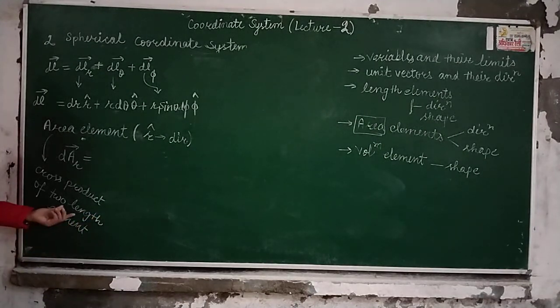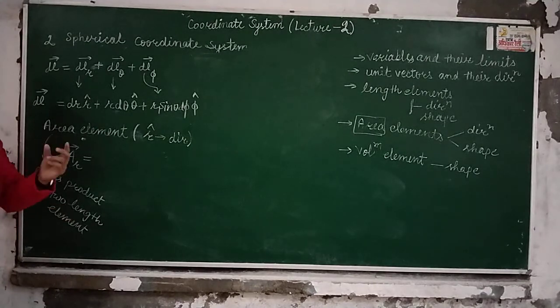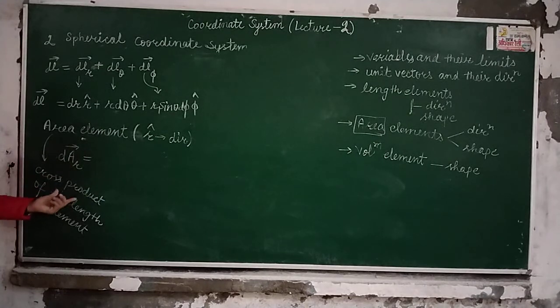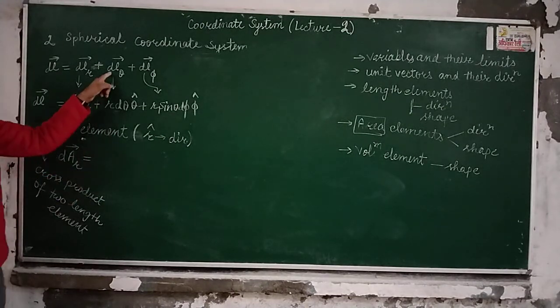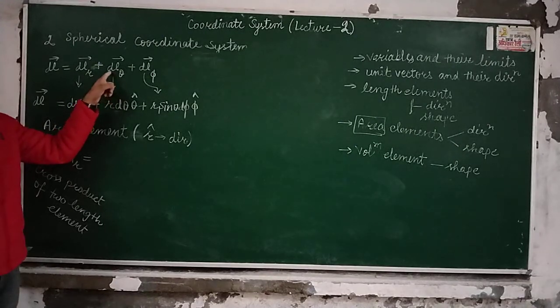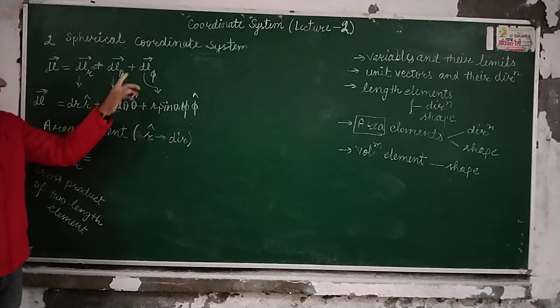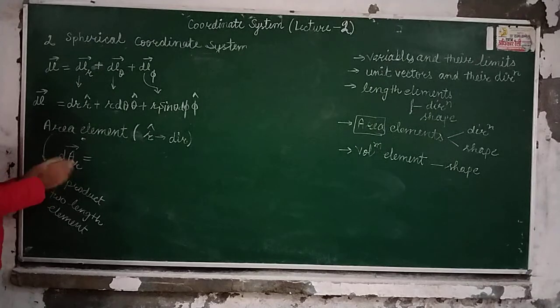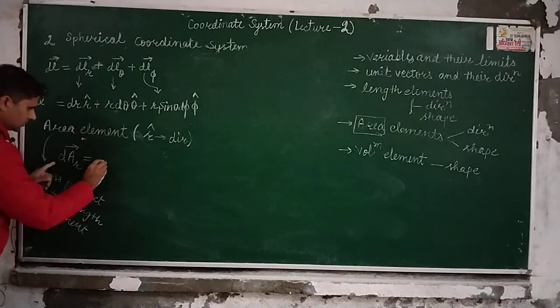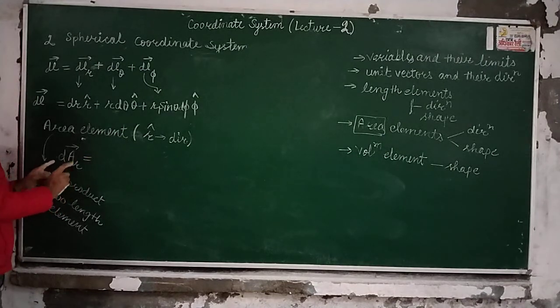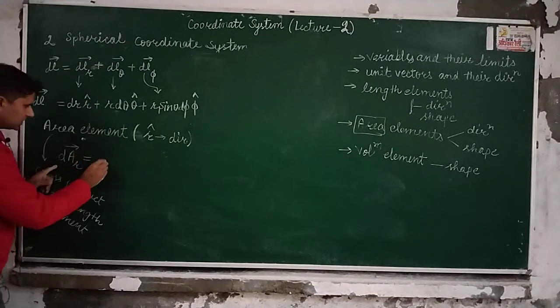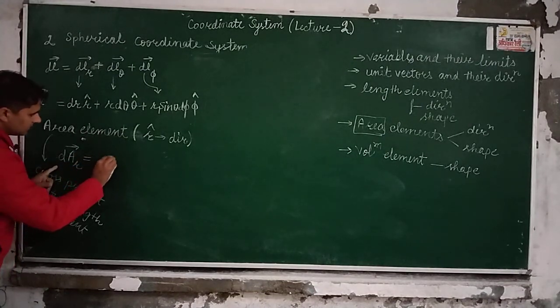So you have to decide which two length elements you will take, whose cross product gives you the direction along the radius. You will take the cross product of dl theta and dl phi to obtain the area element along the radius vector. I will also discuss this graphically, but let me do it mathematically first.